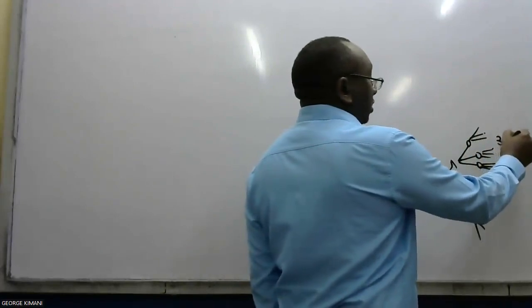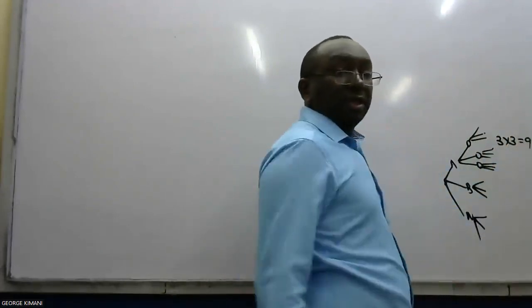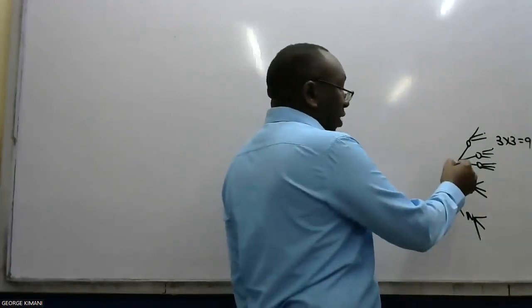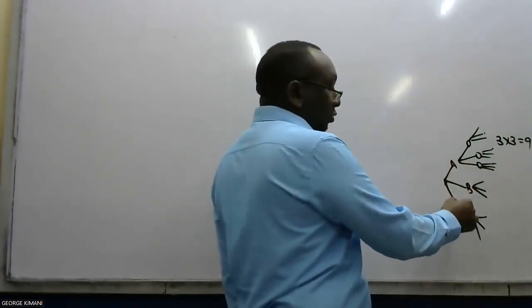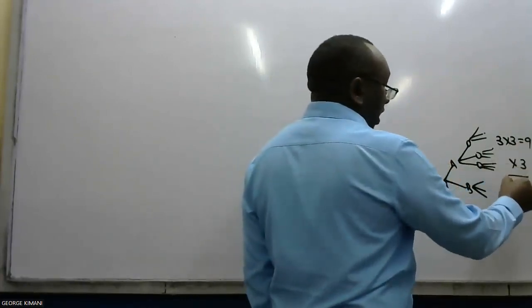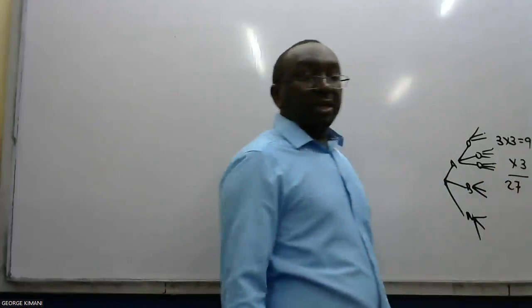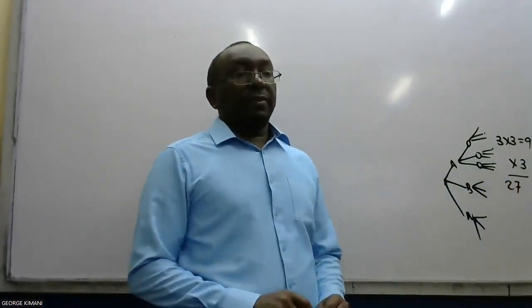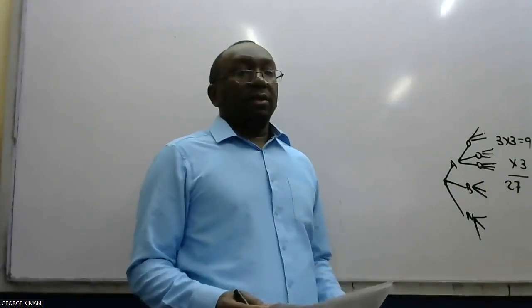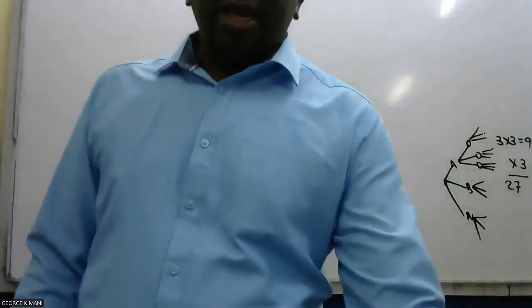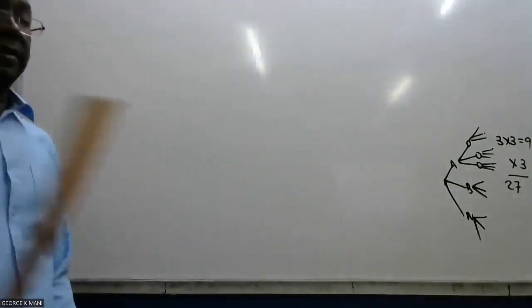So 3 times 3 is 9. And those 9 have come from one branch here, and we still have 2 others. So we multiply by 3, and that means we are going to have 27 tails. So this one is called a sketch. It's the one that guides in the drawing of the tree.